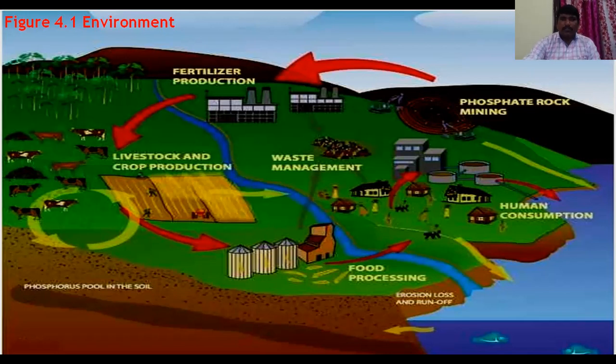In other words, environment refers to those surroundings that surround living beings from all sides and affect their lives in many ways. It consists of atmosphere, hydrosphere, lithosphere, and biosphere.